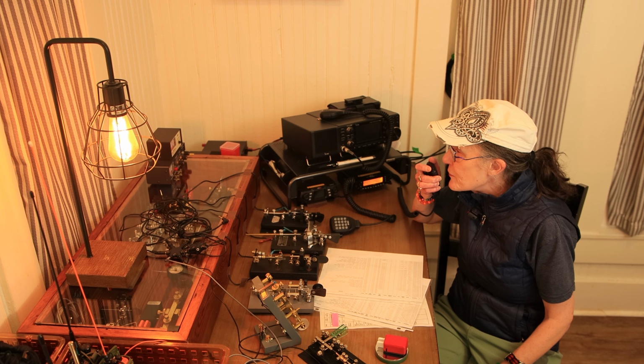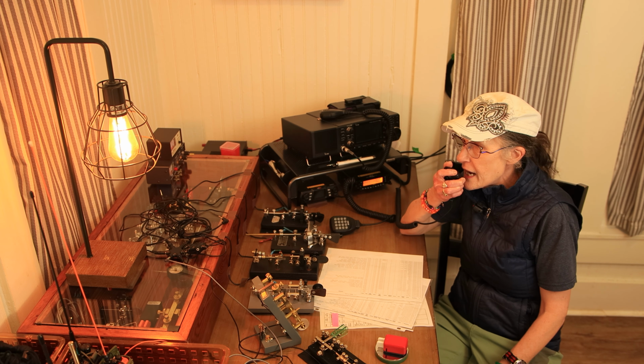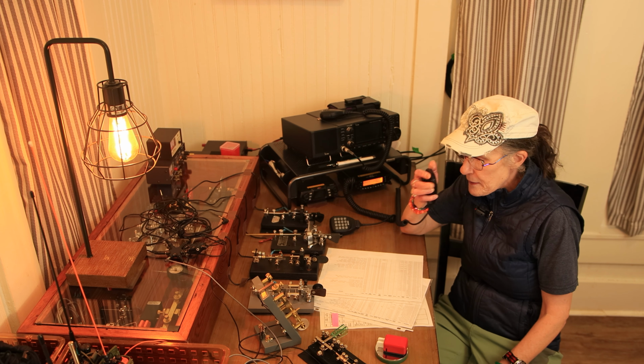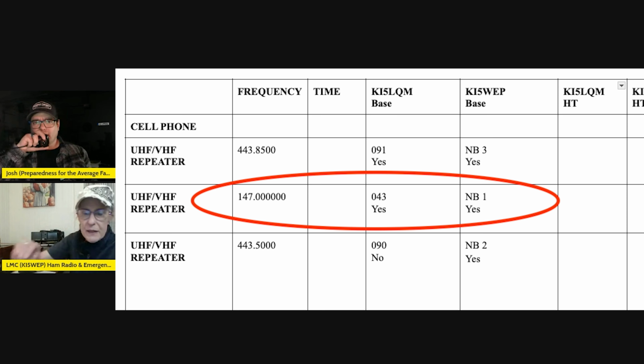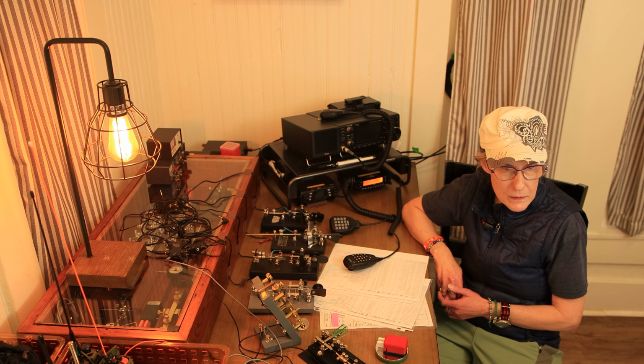Roger, thank you for that. You're also full quiet into the repeater, KI5LQM. Nice signal. This is KI5WP, and I'm clear. Nice. So we know for sure we got those. Let's try that. Let's see.